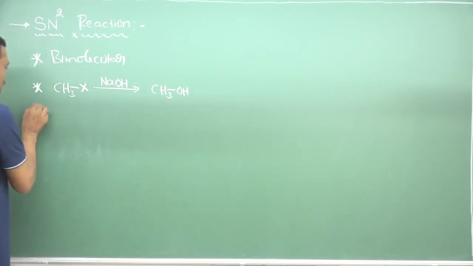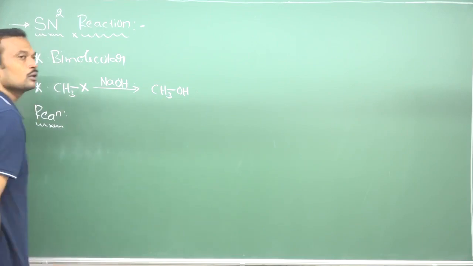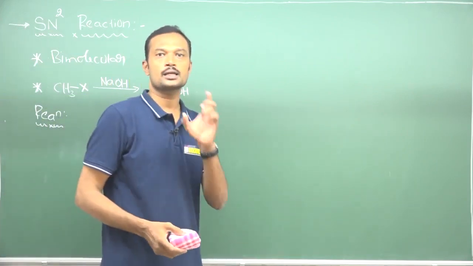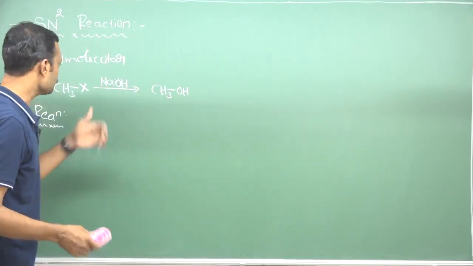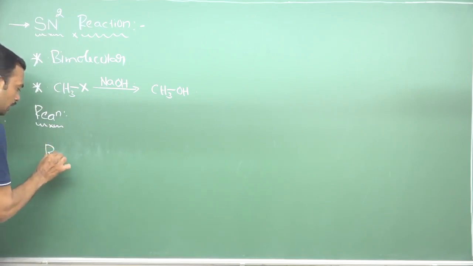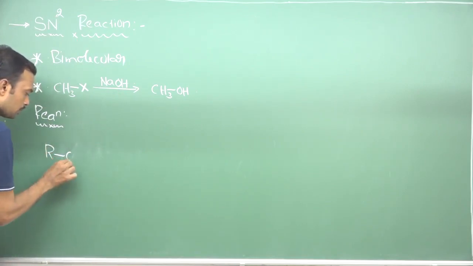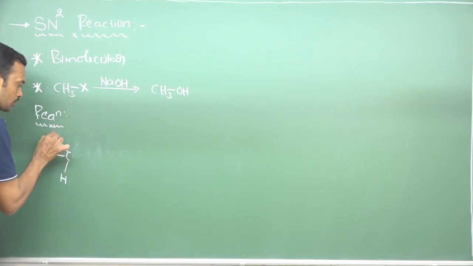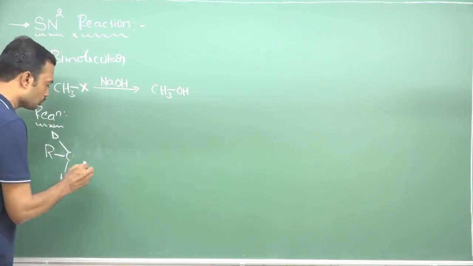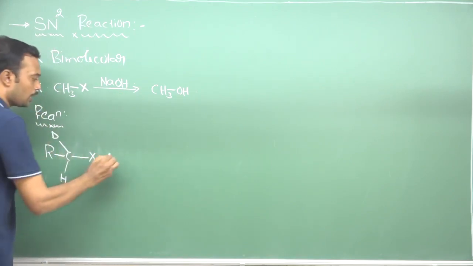Now, if you want to predict the actual stereochemistry of SN2 reaction, we need to select a chiral center which is attached to halogen. So, here I am taking R, next this carbon, the carbon attaches to hydrogen, next the heavier isotope of hydrogen, that is deuterium, followed by halogen.